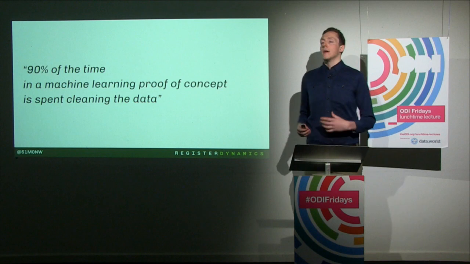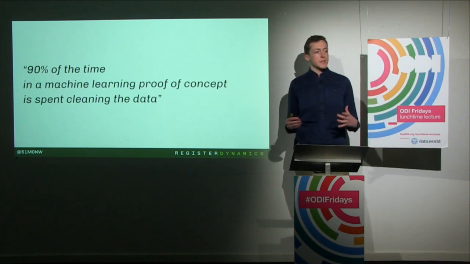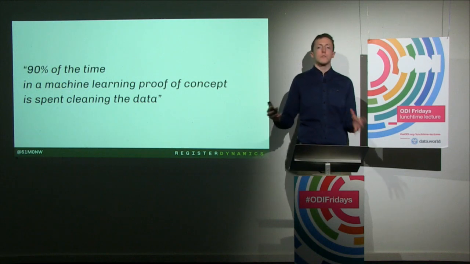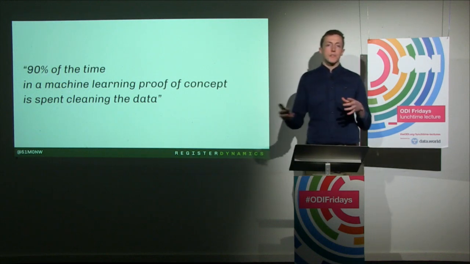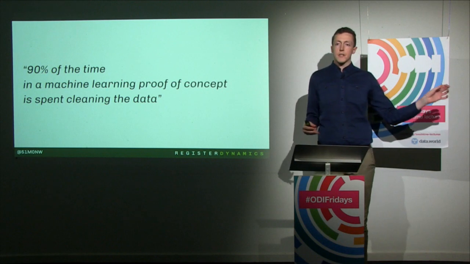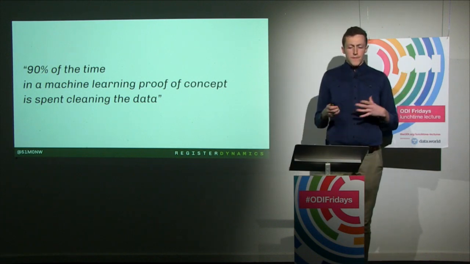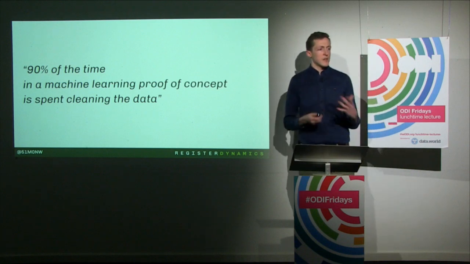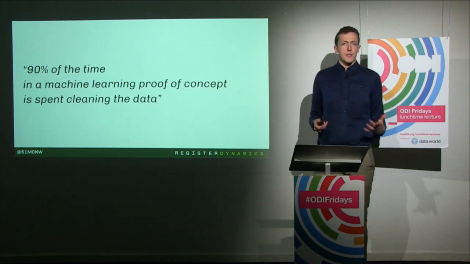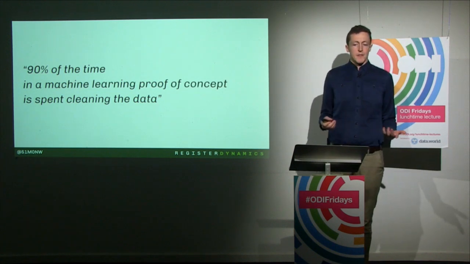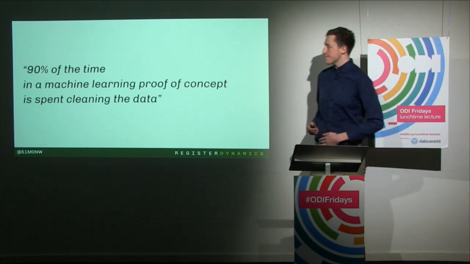Marrying those 2 data sets is really difficult because the location accuracy was not strong enough to say that this feature identified on the image is the same as this feature in the database. So the vast majority of the work was cleaning that to make it sensible, and actually doing something with their app was almost the last 10%.